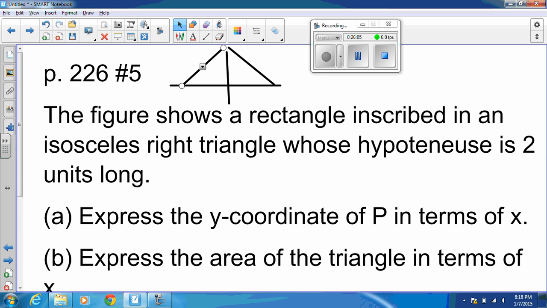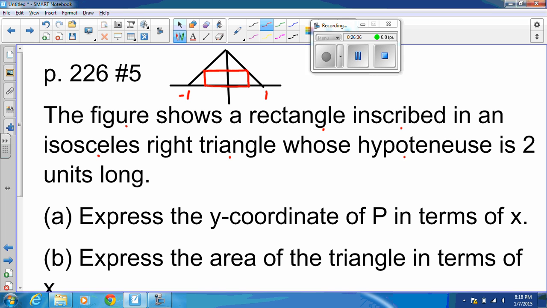And they mark a couple of things on the diagram. Then they have a rectangle inscribed inside of the triangle here.